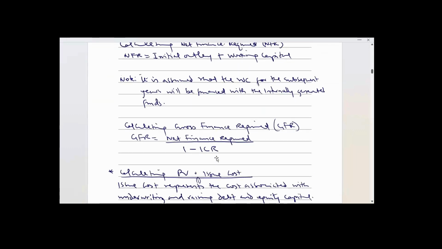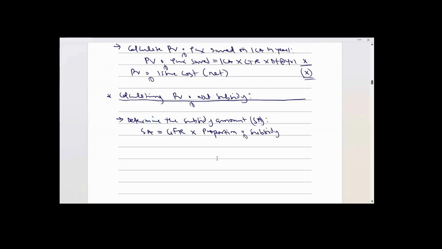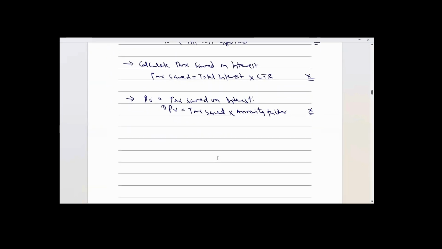Step 3 is to calculate APV. So number C, calculating adjusted present value. APV represents base case NPV.